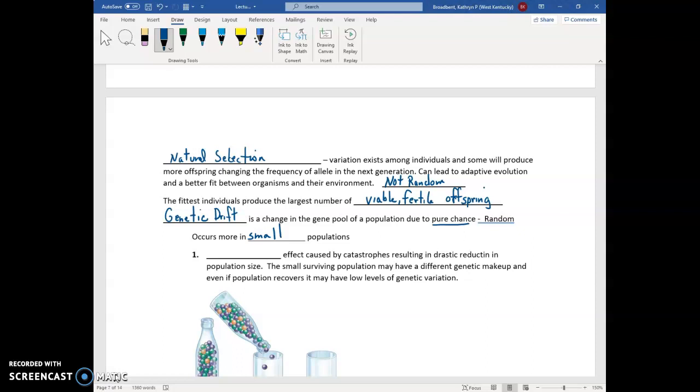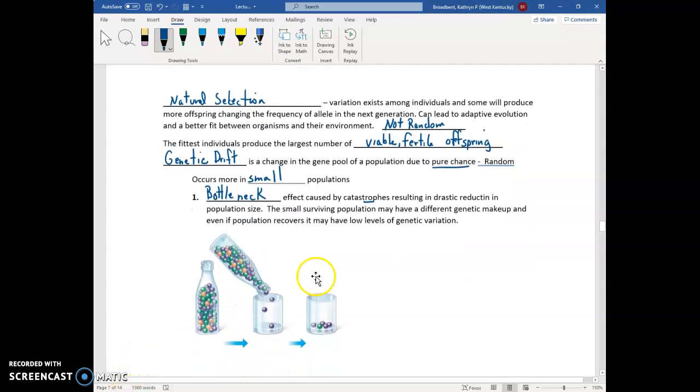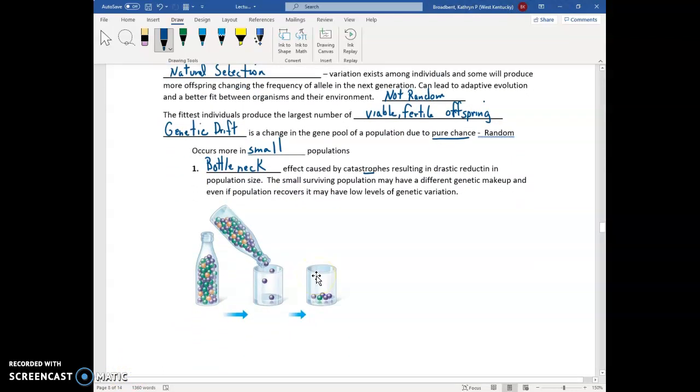So the first genetic drift is bottleneck. This happens to populations who've been through trauma. So we have a catastrophe, and we have a dramatic reduction in the population size. So even if the population recovers, it'll have low levels of genetic variability.